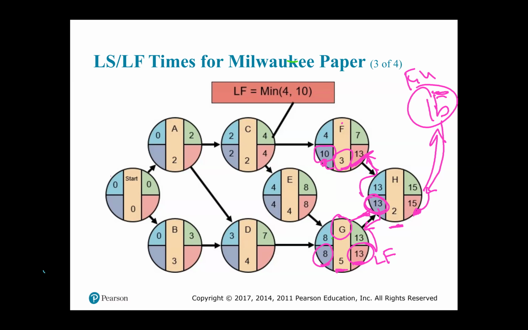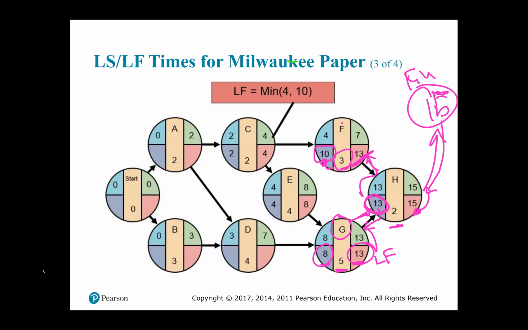Good? So then, if you look at G, you would see that 2 arrows came into G, one from D and one from E. So for G, you'll pick up that 8, which is the late start.